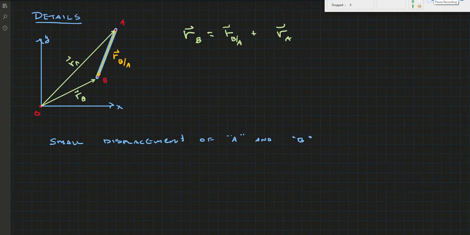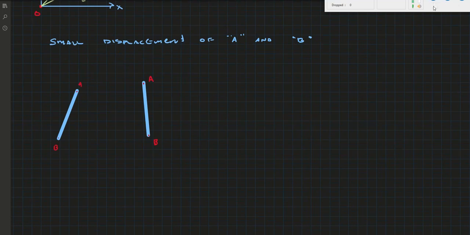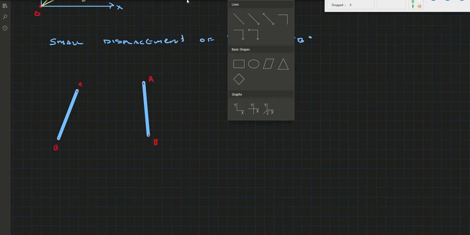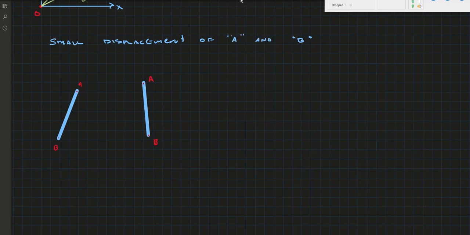So let's now look at a small displacement of A and B. So let's say our link starts over here on the left and moves to the position we see on the right. Really small displacement. We can characterize or draw this displacement.